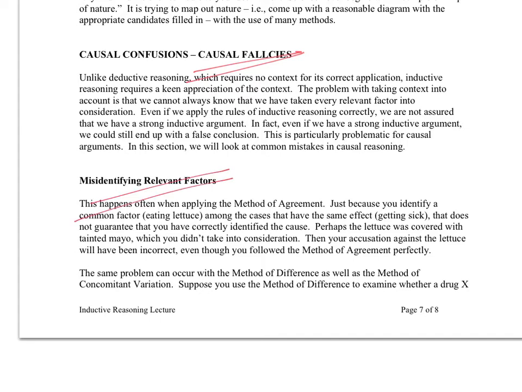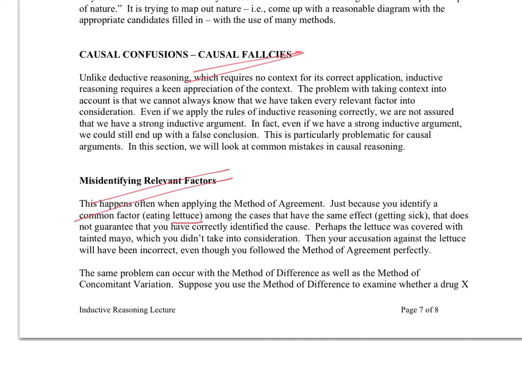So this is something that can happen when you're applying the method of agreement. Just because, for example, you identify a common factor, so going back to the original diagram before, where according to the diagram, it was the lettuce that caused the illness.